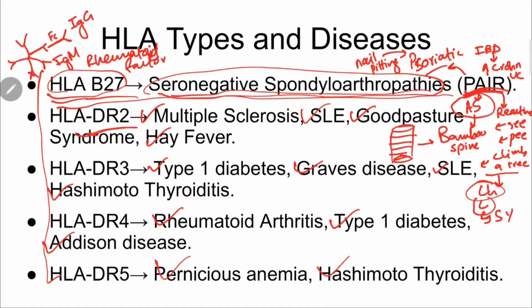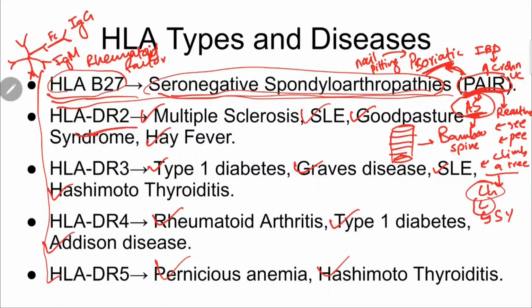Just know that they are trying to see whether you remember that ankylosing spondylitis is a part of this constellation of syndromes.